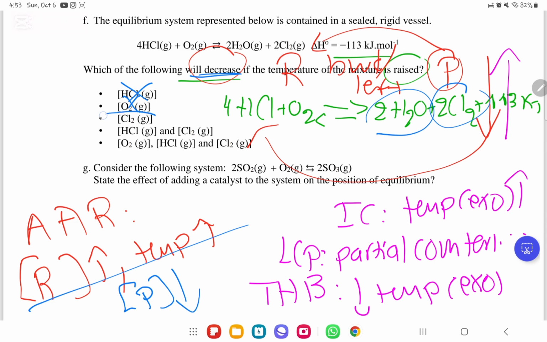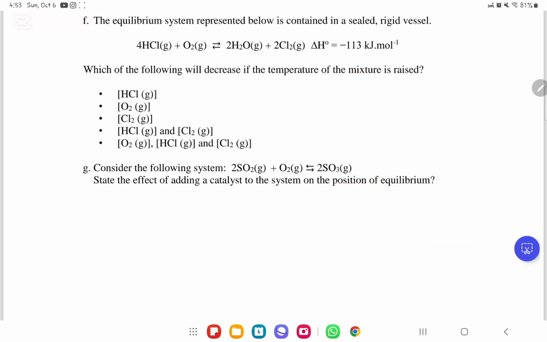And then Cl2, which is in our products, we said the product's concentration will decrease, so we're going to consider it. Then HCl, it's in our reactants, we're not going to take it. And then O2, which is in our reactants, we're not going to take it. So basically, what we need to choose is either of our products or both of them. Why? Because their concentration decreases.